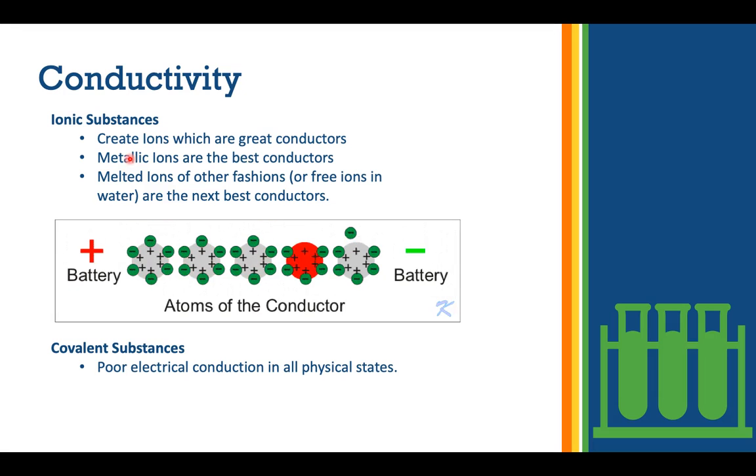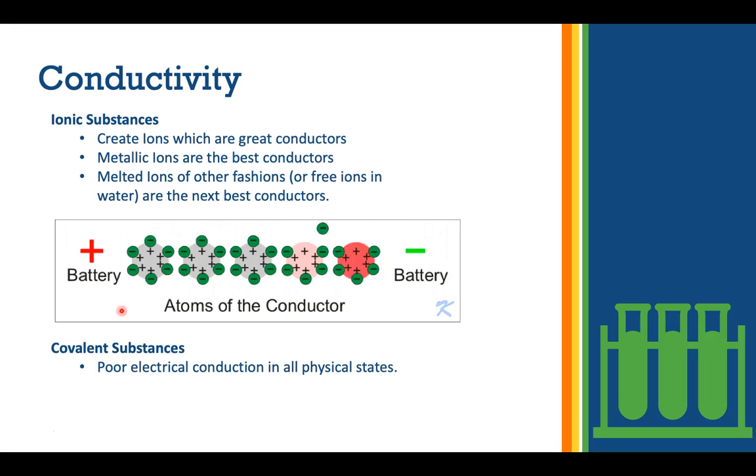They're using metals, and it's because they conduct the best as far as electron transfer. They can also exist as melted ions of other fashions or free ions in water, which are the next best conductors. So you can actually conduct electricity if you have ions that are floating around in water.